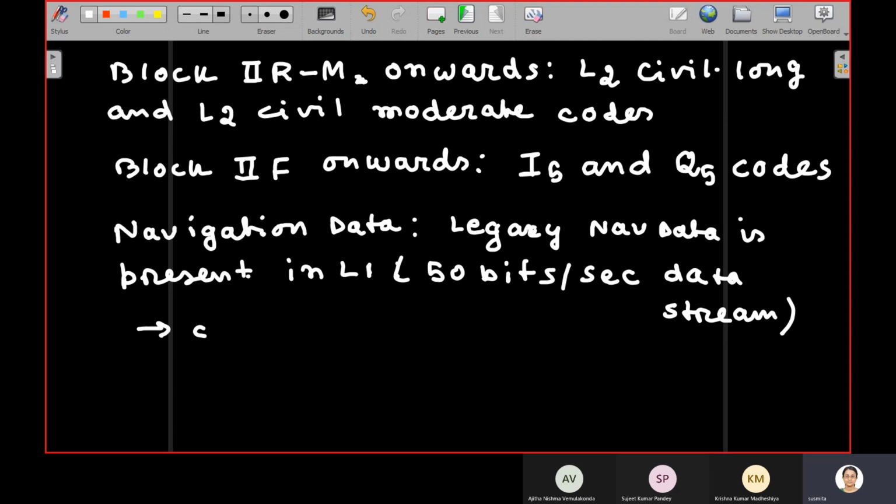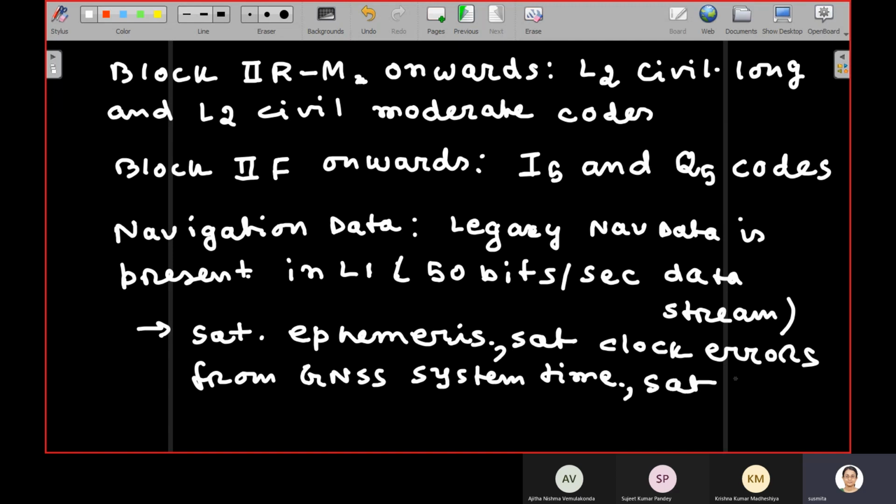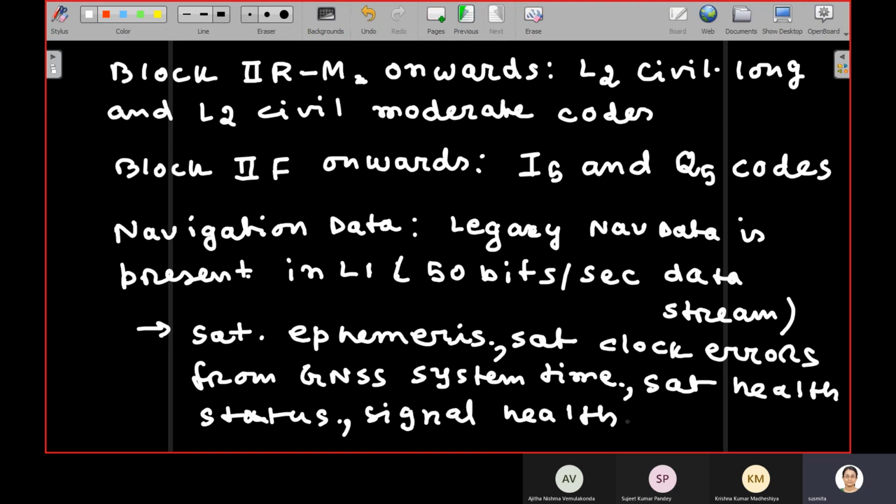So from the navigation data, we get satellite ephemeris, orbital parameters, satellite clock error from GNSS system time, then we get satellite health status, signal status, signal health, etc. Okay.